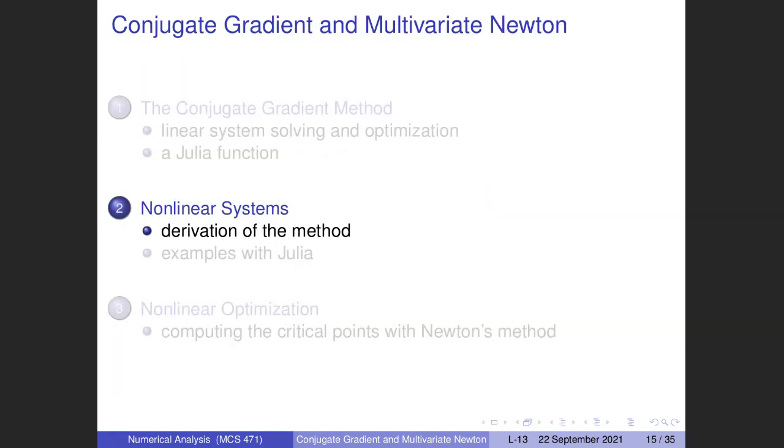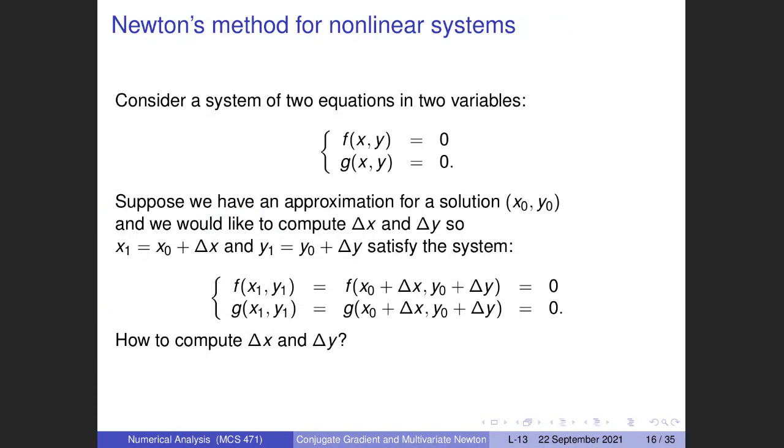All right, we've seen gradients, so let's now move on to Jacobians. We've covered Newton's method to solve nonlinear equations. Let's now look at the more general case, and let's look at a system of 2 equations in 2 variables.